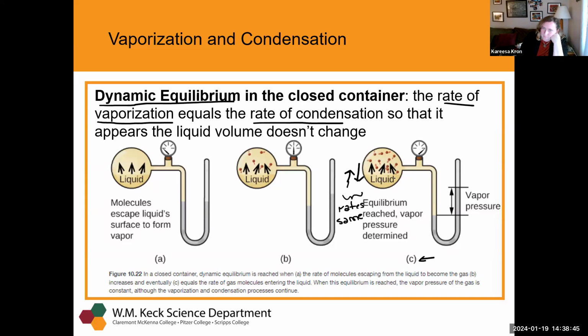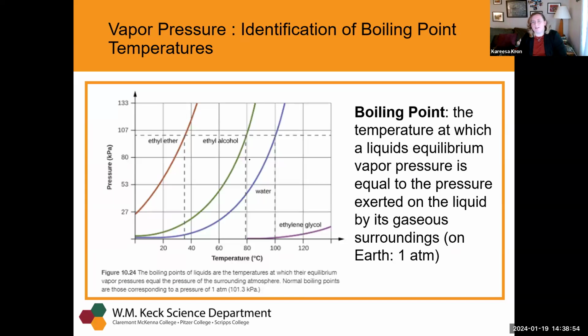And so the amount of gas and the amount of liquid stays the same, even though some amount is going back and forth. One of the reasons that we talk about vapor pressure is because it can help us identify boiling points. A boiling point is the temperature at which a liquid's equilibrium vapor pressure is equal to the pressure exerted on the liquid by its gaseous surroundings.